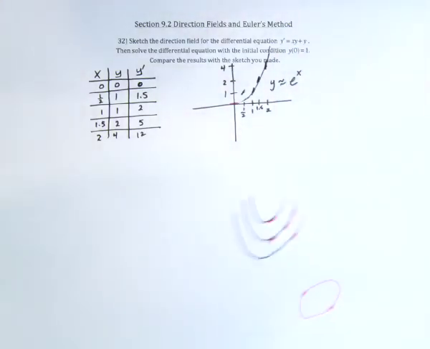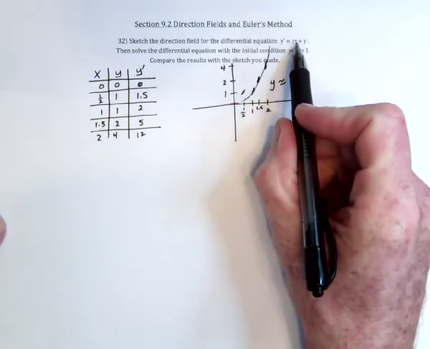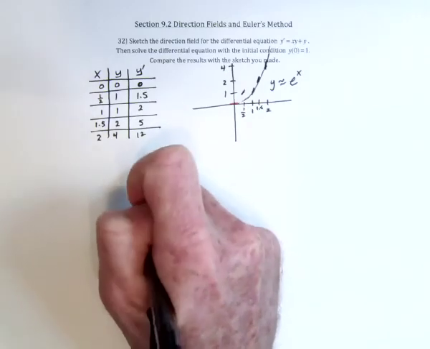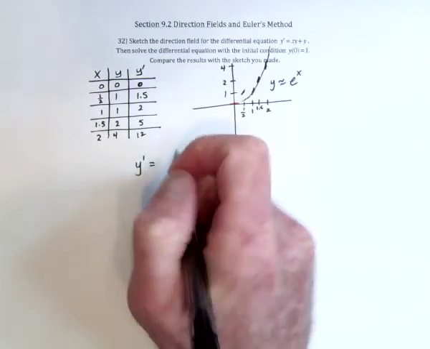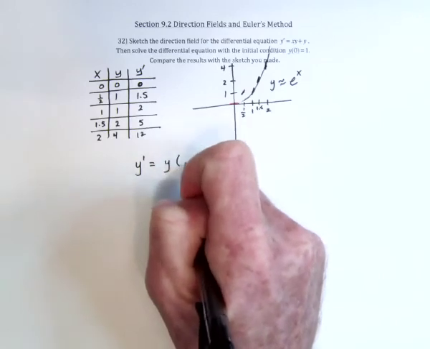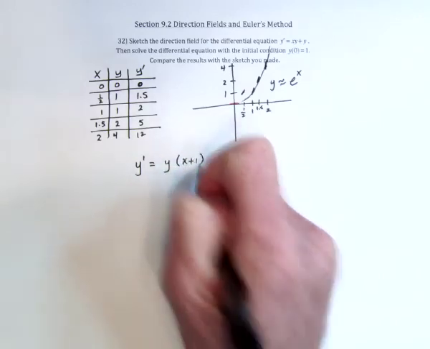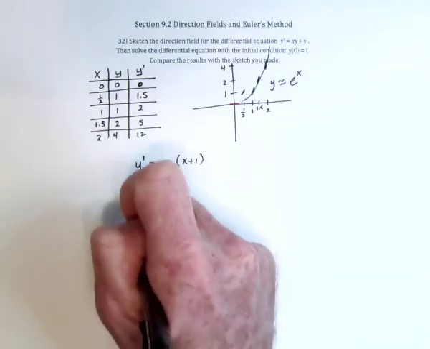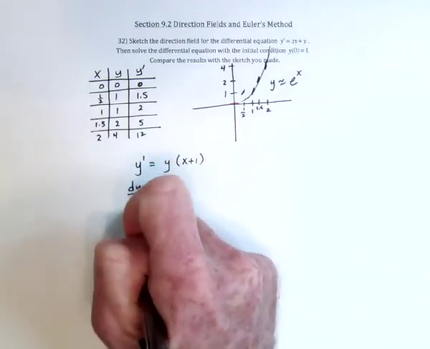Maybe it's e to the 5x, maybe it's e to the 17x, but I think that it's e to the x. Let's see. So now we're actually going to find the function that does this. On the right-hand side, factor out y. It will leave x plus 1. Then separate the variables. So this is dy dx on the left side.